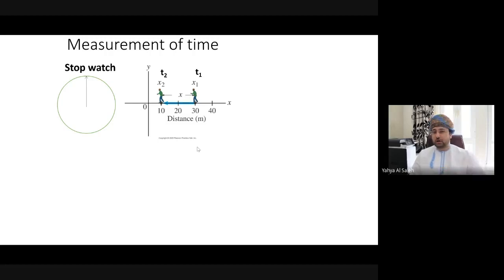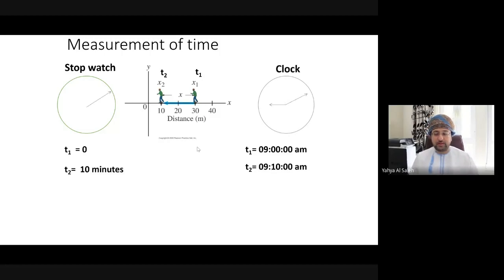Stopwatch, clock, how much the sun moves, different ways. Let's stick with stopwatch for now. I start at t1 equals 0 or on a clock at a certain time, say 9 a.m. It moves a bit, 10 minutes. We all know how to read a stopwatch or a clock. And the change in time is 10 minutes. Very simple.